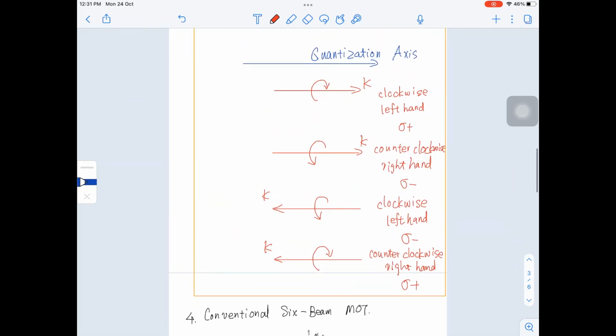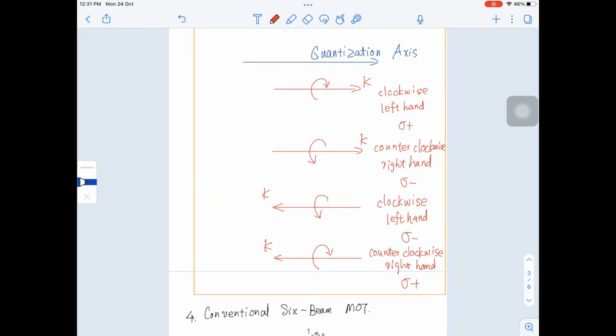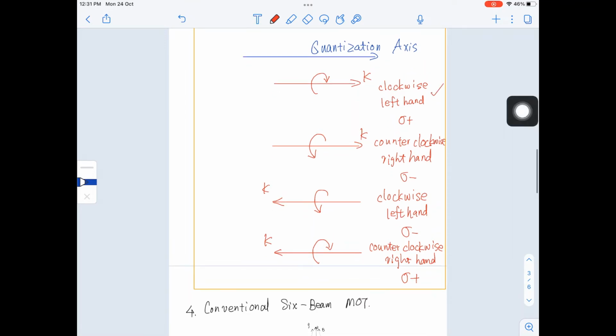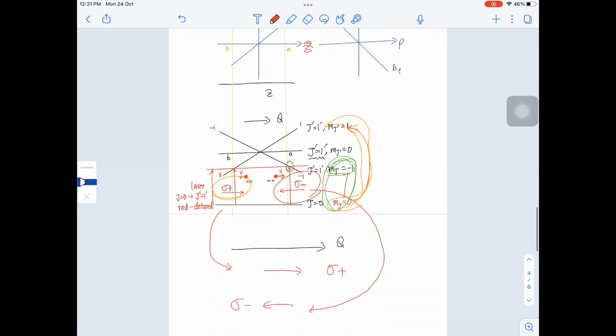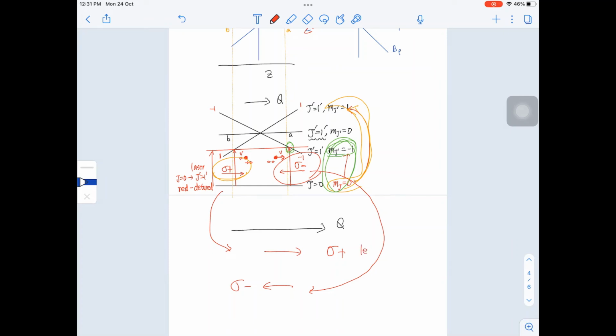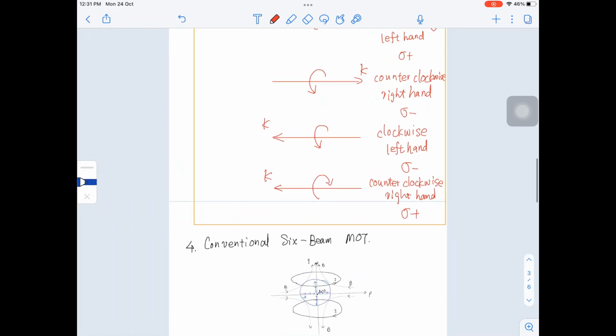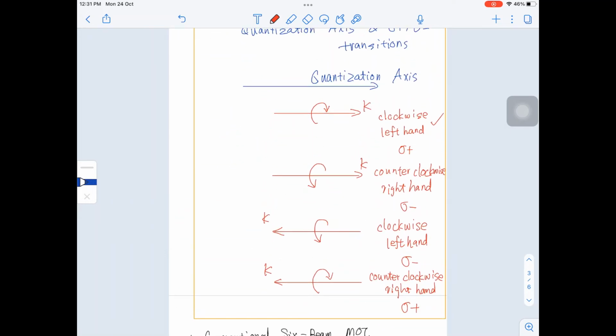Sigma plus is clockwise, left hand, which is this case. And for sigma minus, the k vector is opposite to q. We remember this: the k vector is opposite to q. And we need sigma minus, again left hand.